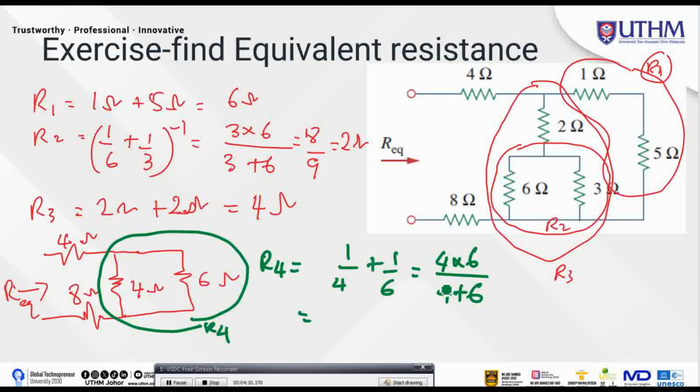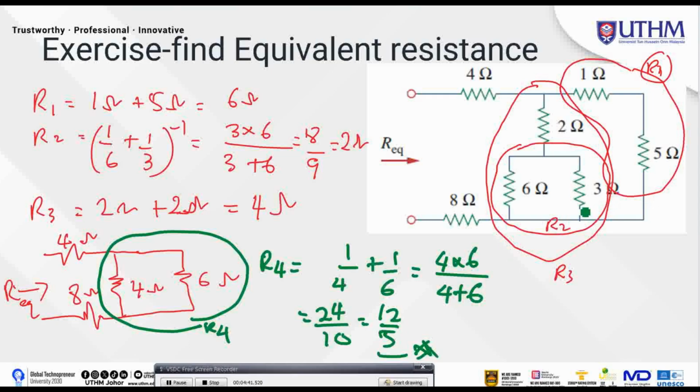So 4 times 6 is 24, so 24 over 10. If we simplify this, we get 12 over 5 ohms.